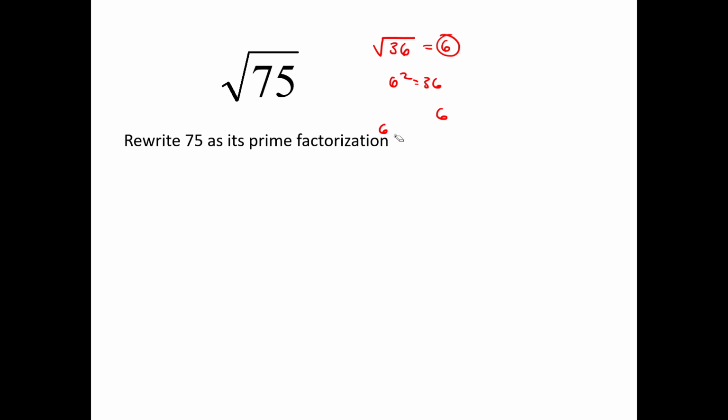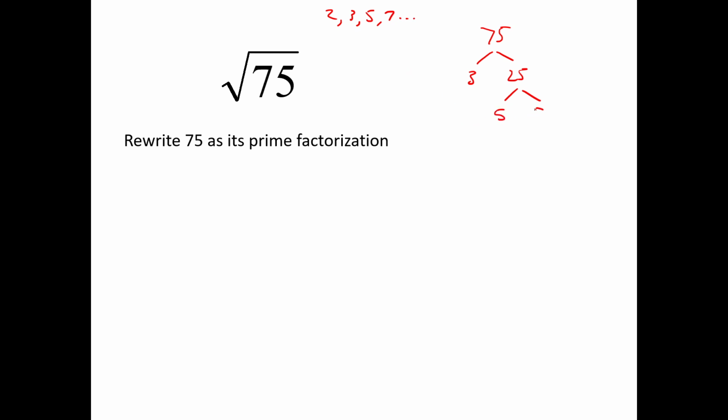So we're going to do the same thing now for 75. Okay, and the easiest thing to do is write out a factor tree to figure out its prime factorization. So remember, we look for things that are prime, 2, 3, 5, 7, and so on. And we keep breaking numbers down until we only have primes remaining. And then we rewrite that.